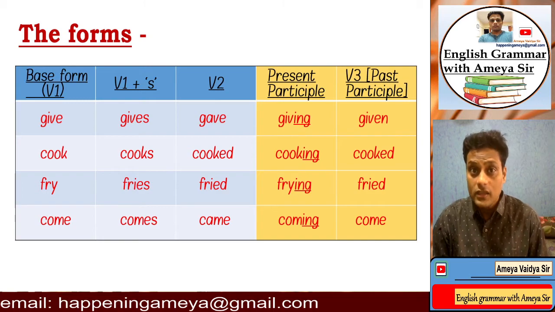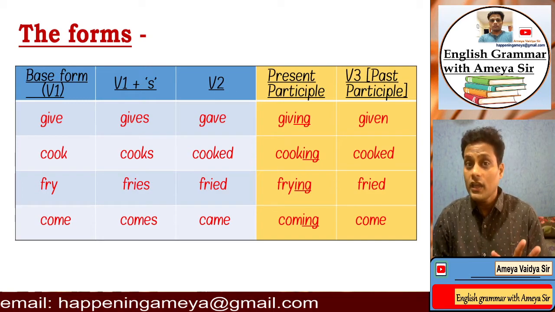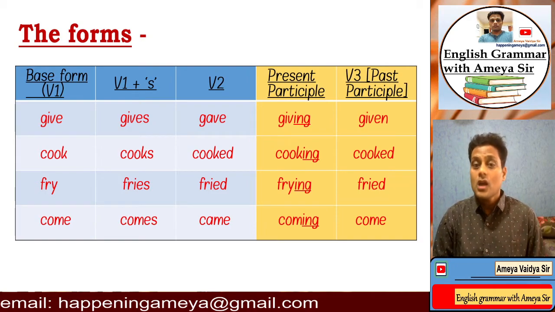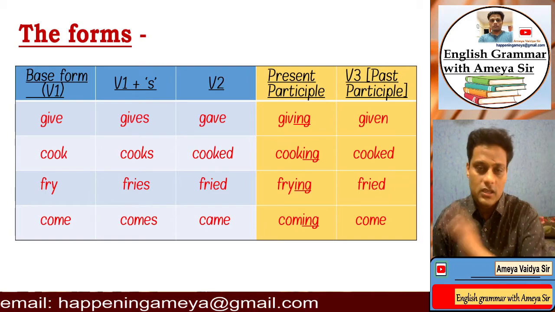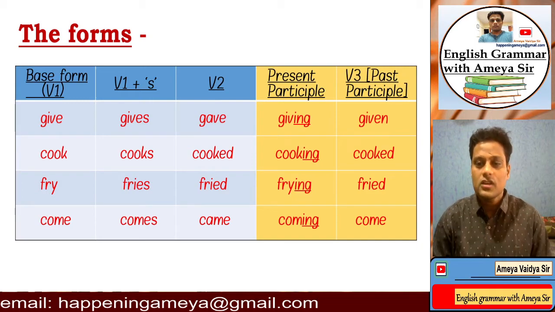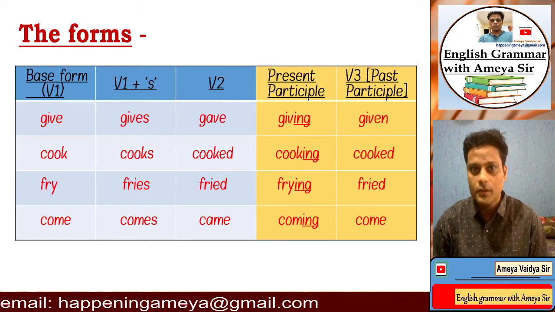Fry is fries, where the y changes to ies. Fried, frying, and fried. So the V2 and V3 at times can be the same, like was the case with cooked. Last, come, comes, came, and the past participle will again be come. Please study this carefully. The present participle and past participle forms have been highlighted.